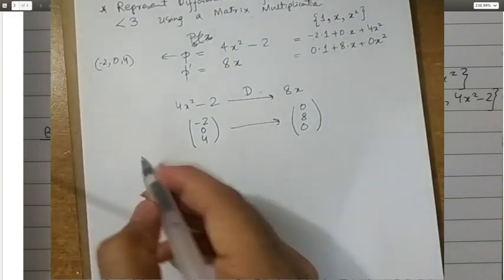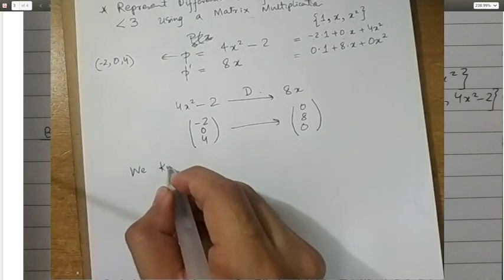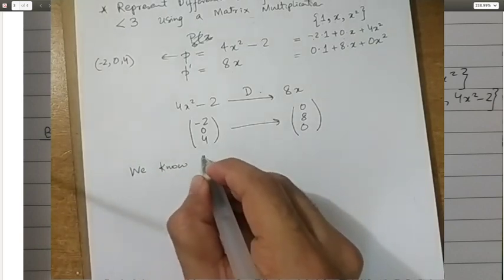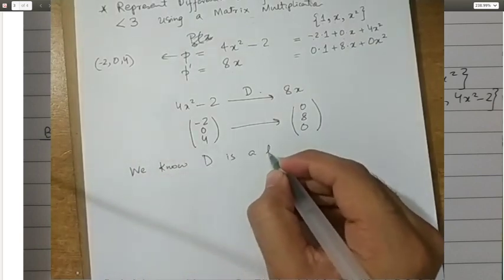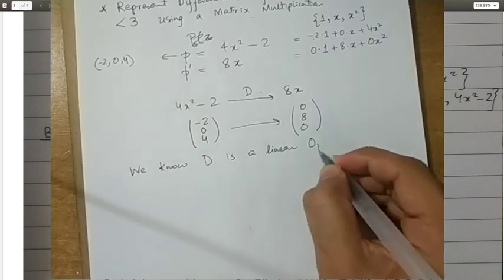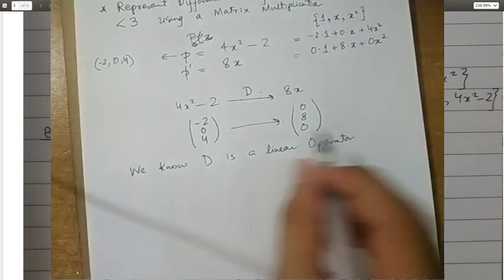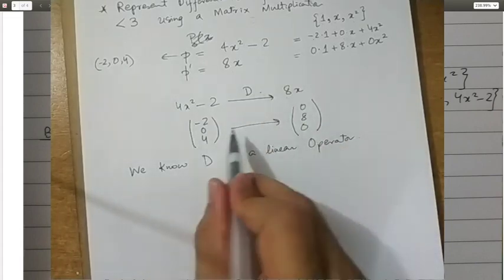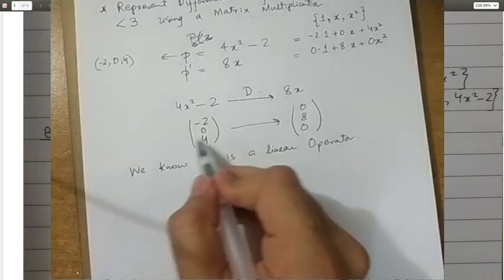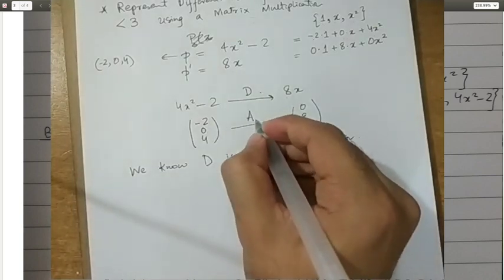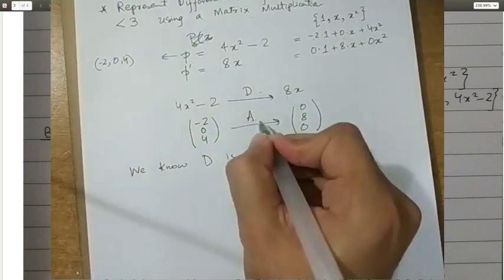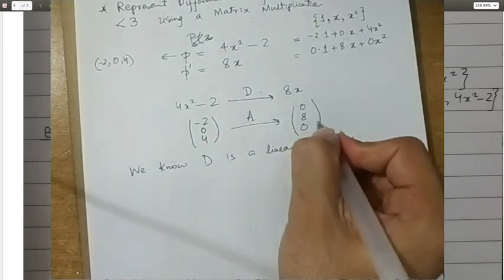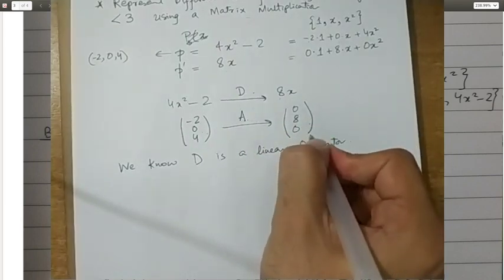And since we know that differentiation D is a linear operator, we can represent this differentiation in terms of some matrix multiplication. Maybe I can find a matrix A such that when I multiply this matrix with the vector, I get the vector 0, 8, 0.